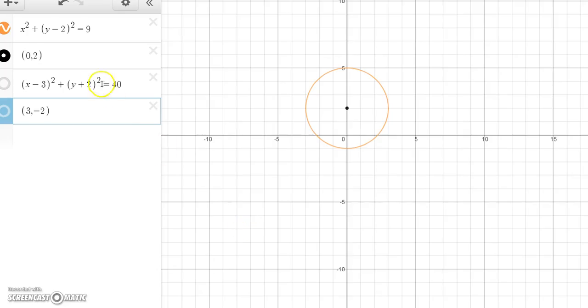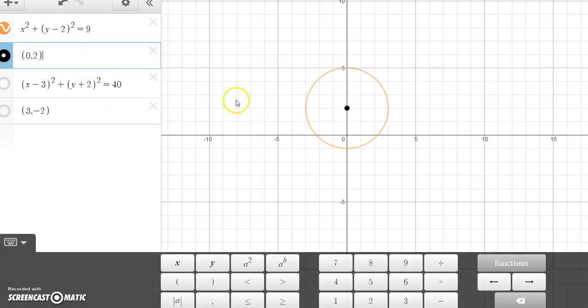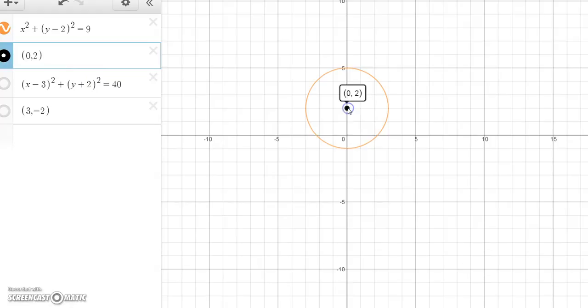And so let's take a look at that on the graph. Now here's the center. This is the point (0, 2). And you could use a compass to draw the circle.